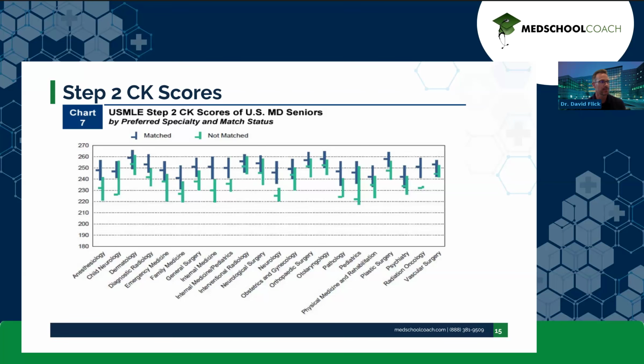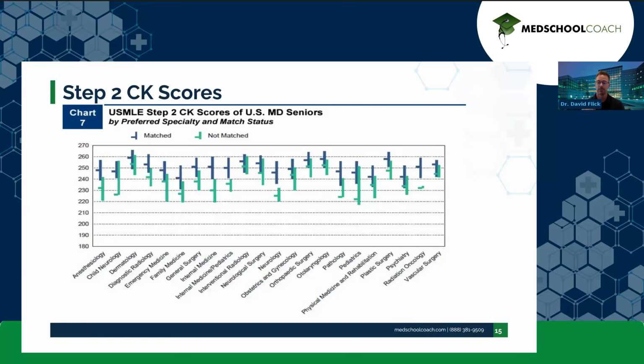Now take a look at family medicine a little bit over there, 3 over to the right. The average step 2 was roughly about 260 for people getting into dermatology. That number is roughly about 240 for family medicine. So this is a good idea to get an idea of what score you need to be competitive for any given specialty.